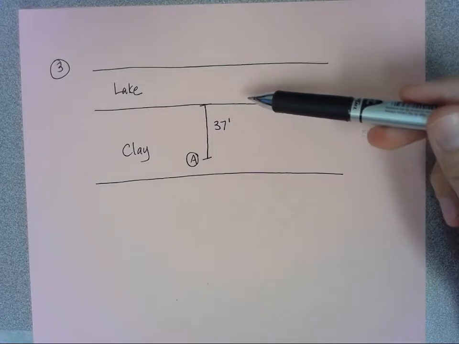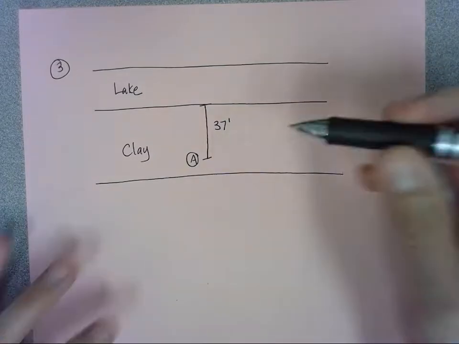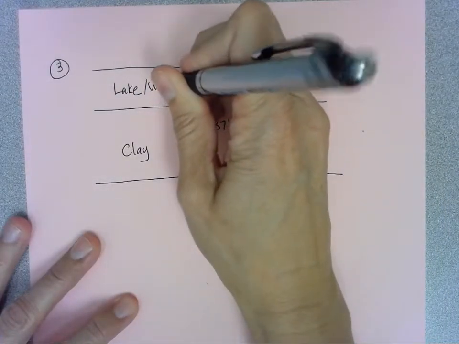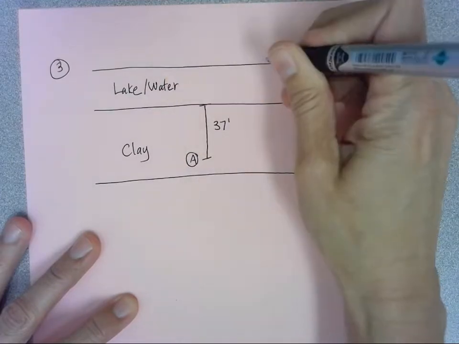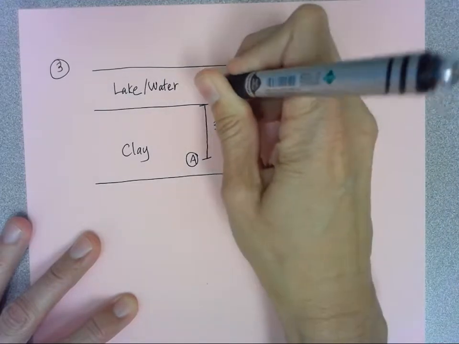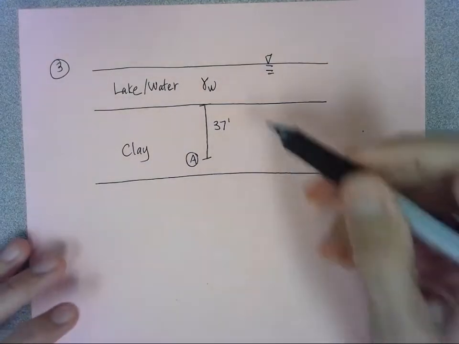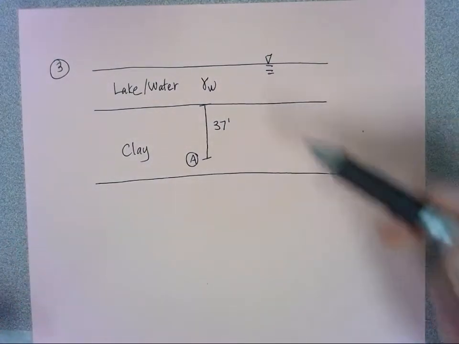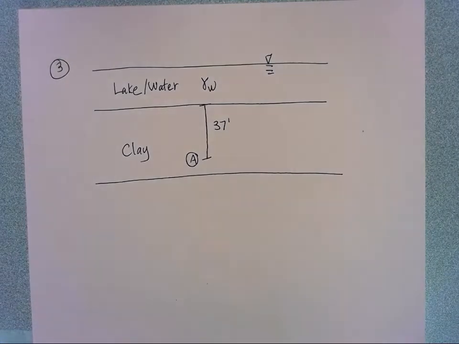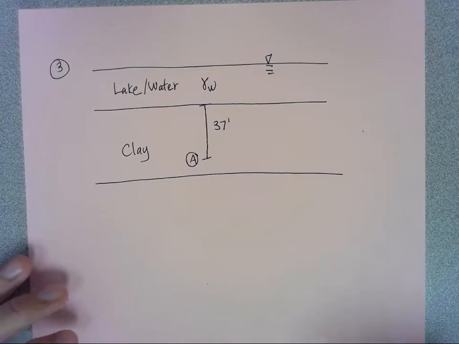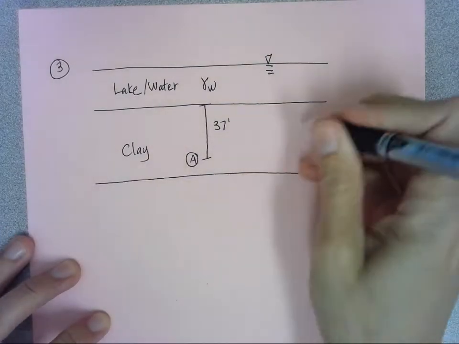Now remember from problem 2 that when we're talking about effective stress, the water at the top is not going to be part of it, because that has to be subtracted out. So in order to figure out the total effective stress for this problem, all we're going to need to do is look at this clay layer.